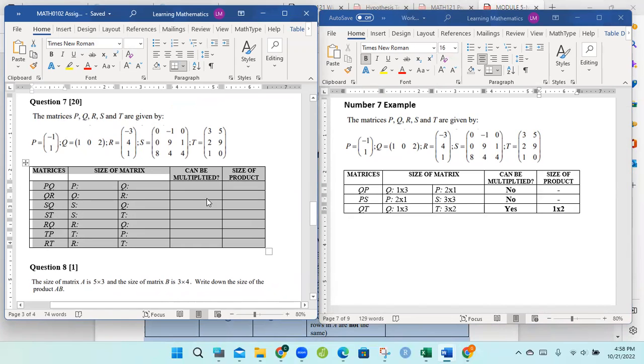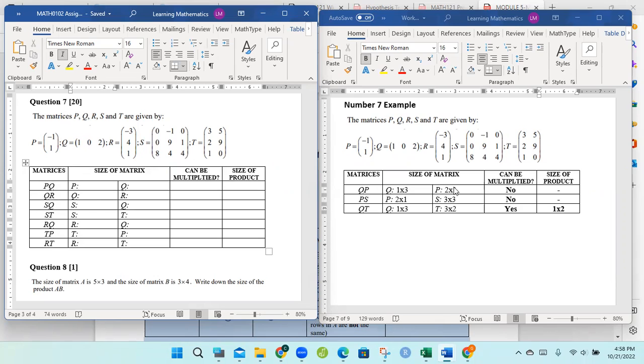And for the product, we have to look at the outermost numbers. P has 2 rows, so the product is going to have 2 rows. Q has 3 columns, so the product is going to have 3 columns. So it's going to be a 2 by 3, for the first one.